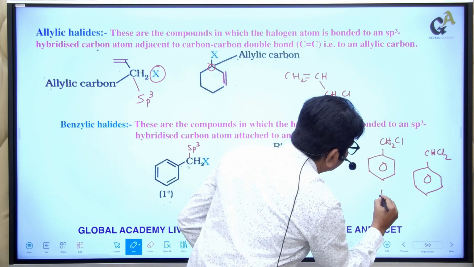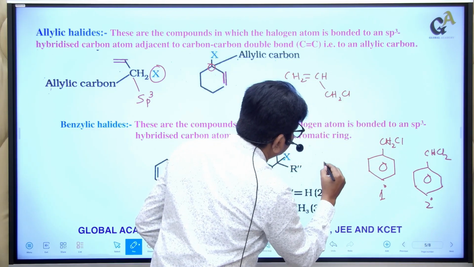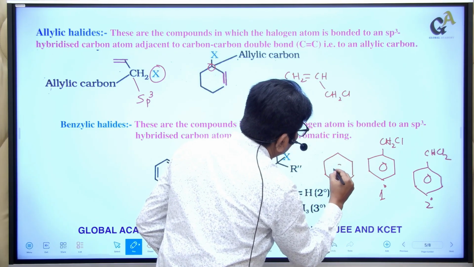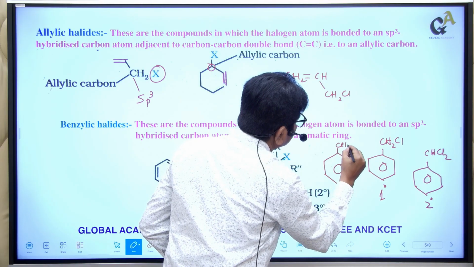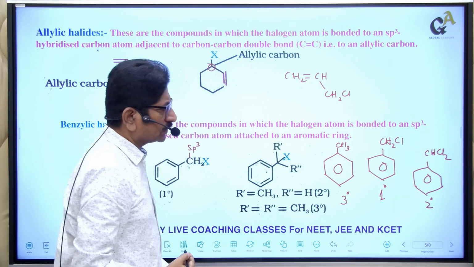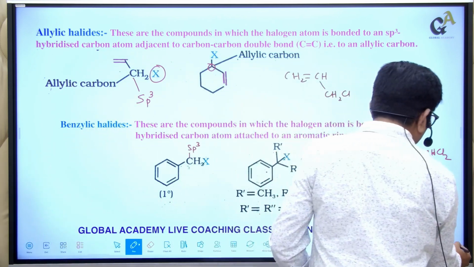This is primary, this is primary, this is secondary, and this compound is called the tertiary compound, and this is a tertiary compound. So this is what we are representing; that is the classification.